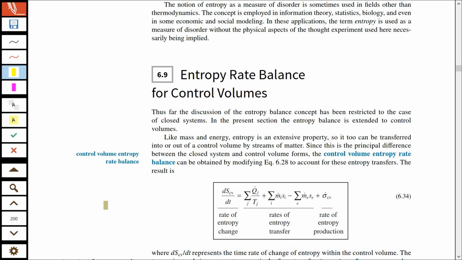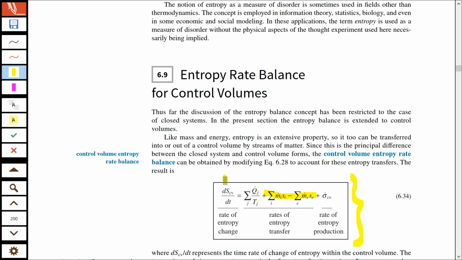If you look at equation 6.34, this is something which you need to add. Apart from these terms, there are many terms because of the summations, so you have to sum over all the inlets and all the exits.